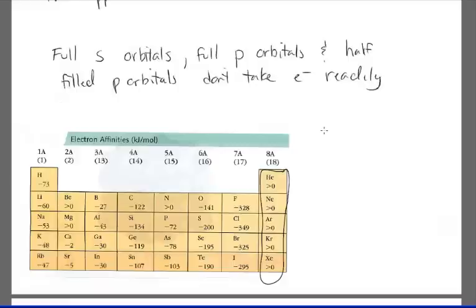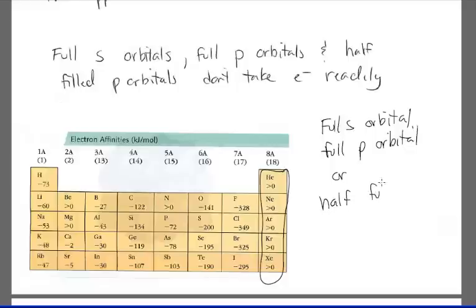The exceptions will occur when you have a full s orbital or a full p orbital or a half full p orbital. Remember, a half full p orbital looks like this. Even though it's not full, there's some stability in having a half full orbital.